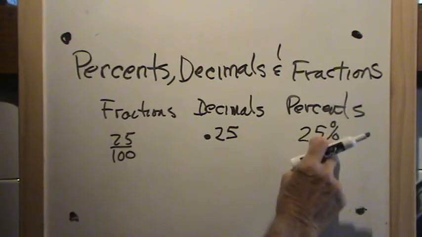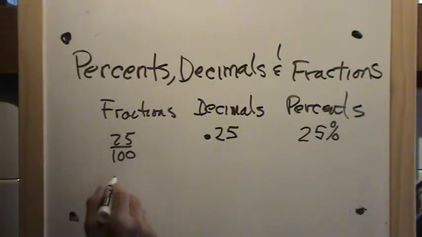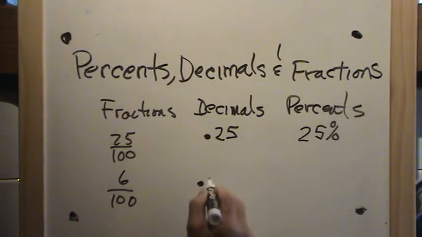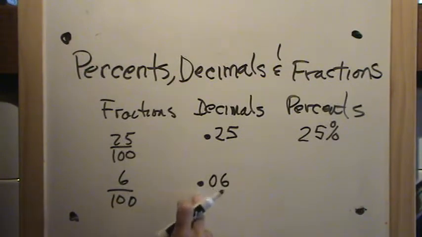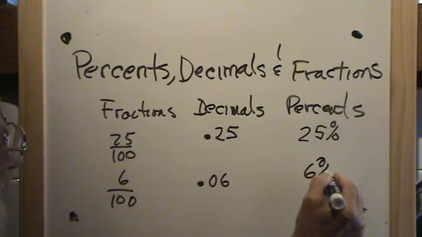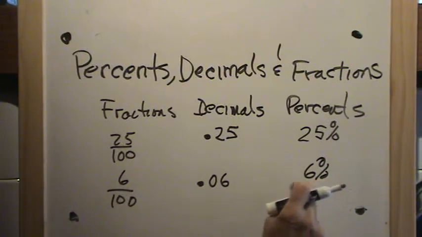This means denominator 100. Let's take a look at this one, 6 hundredths. Well, in decimal form, 6 hundredths, and 6 hundredths because the percent sign means denominator 100.